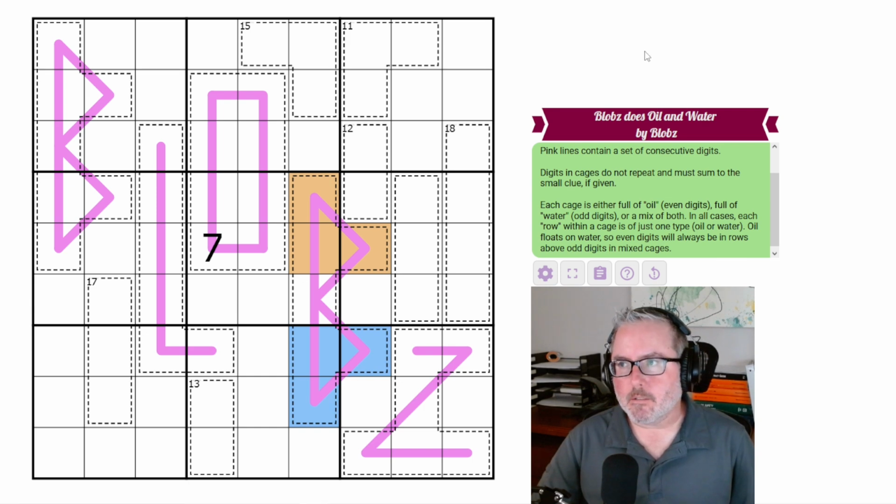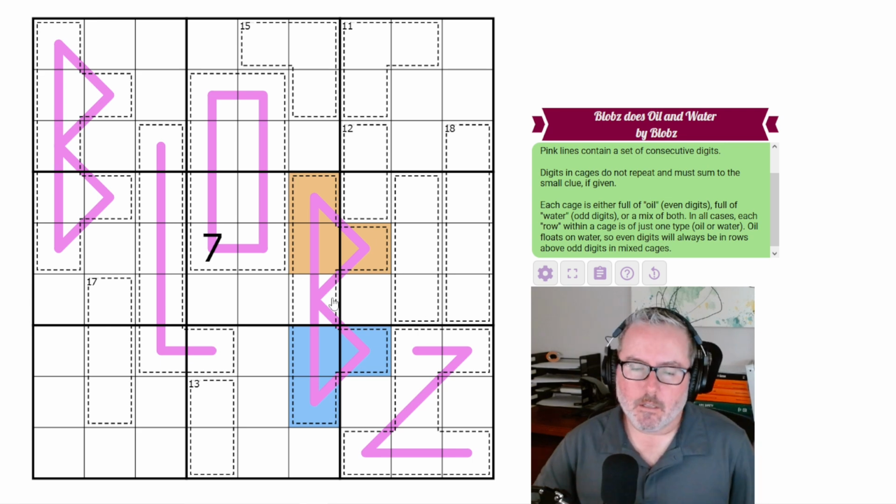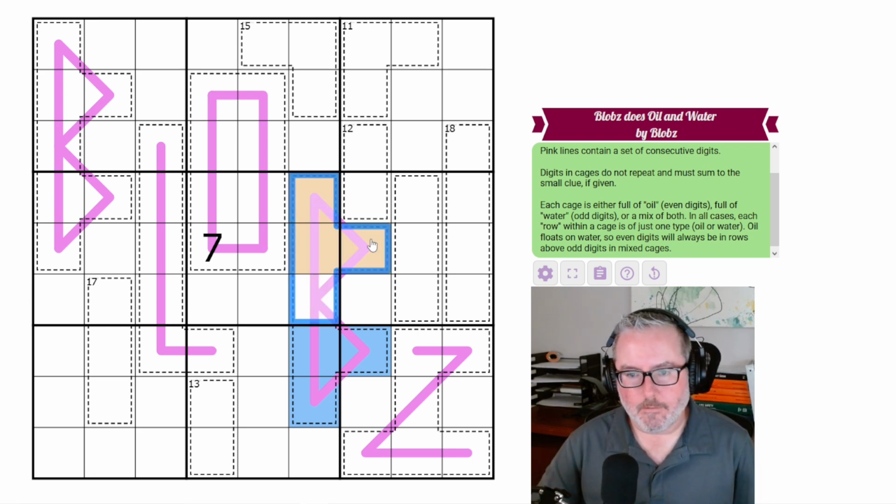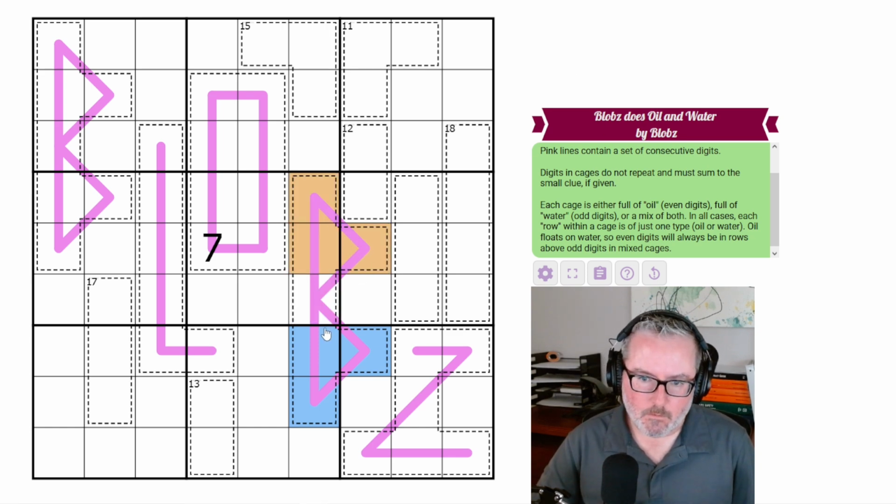Or it could be 2, 4, 2, 3, 4, 5, 6, 7, and 8, which would give us the 4 even digits. And then the 3 odds, and that would still work.